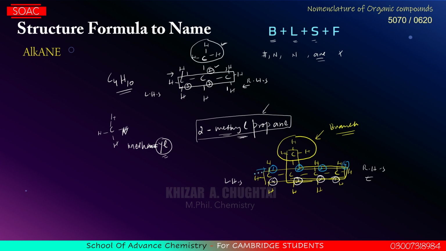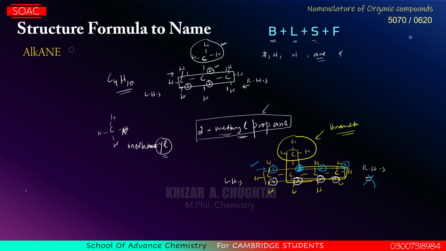Whenever we are moving from left to right, this branch has a lower number. So these blue numbers are the accurate numbers, and these white numbers are inaccurate. Actual numbering is valid if this methyl has the lowest position, that is 2. So the branch position is 2, and the left to right numbering is the correct numbering.